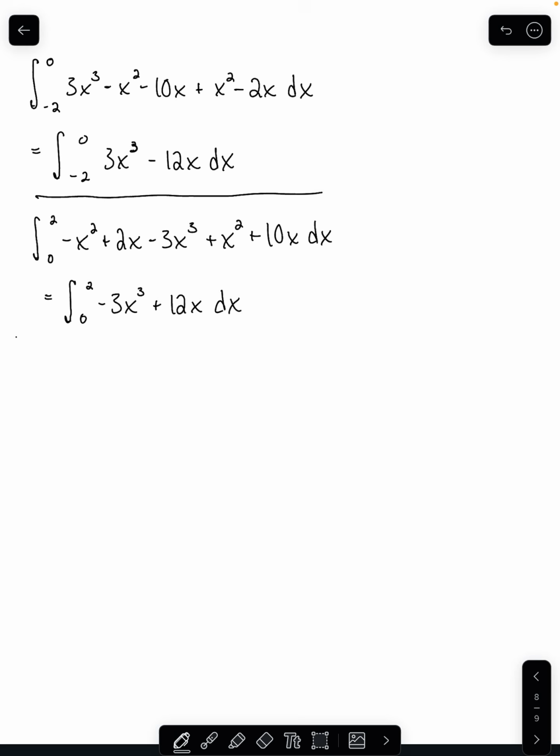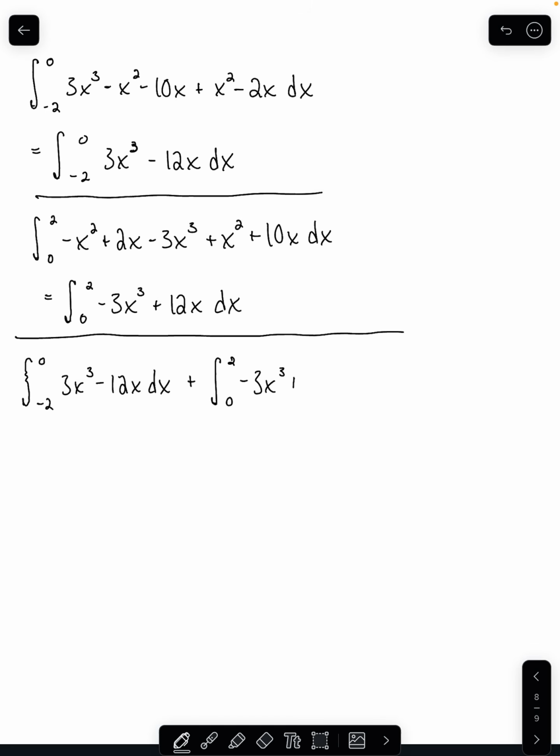Thus, we now have the area of the region from negative 2 to 0 of 3x cubed minus 12x dx plus the integral from 0 to 2 of negative 3x cubed plus 12x dx.